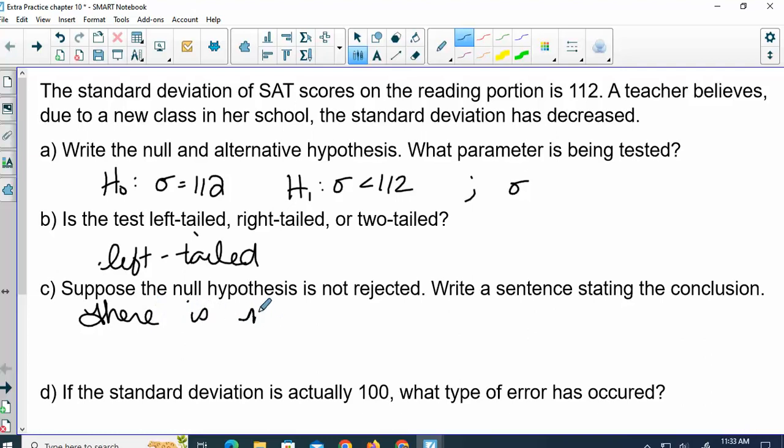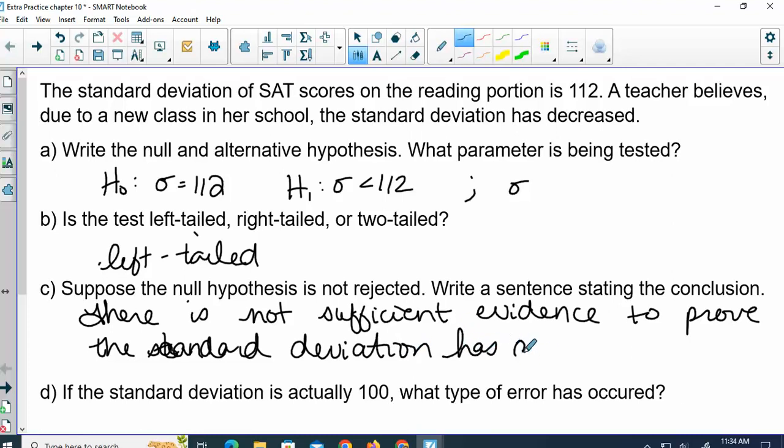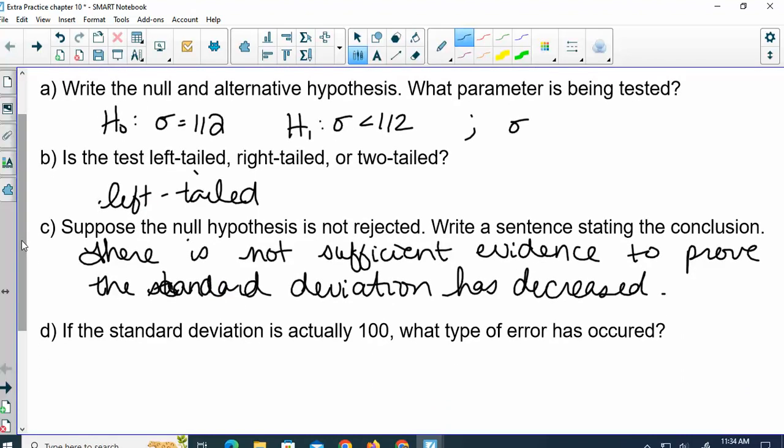There is not sufficient evidence to prove the standard deviation has decreased. Okay, it doesn't mean it didn't decrease, just means I couldn't prove it.